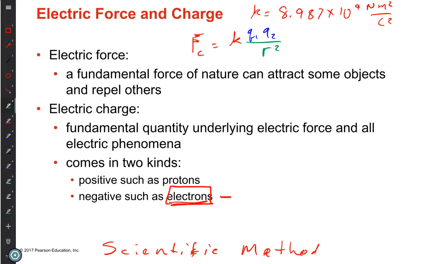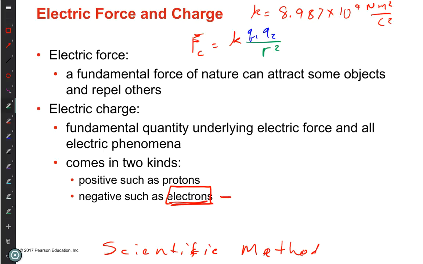But if we have opposite charges, one positive and one negative, then they attract. So we have that common saying that is a physics saying, opposites attract. Because opposite charges, a positive and a negative charge, they attract. But likes repel. So if we have 2 positives, they push each other away. 2 negatives, they push each other away.